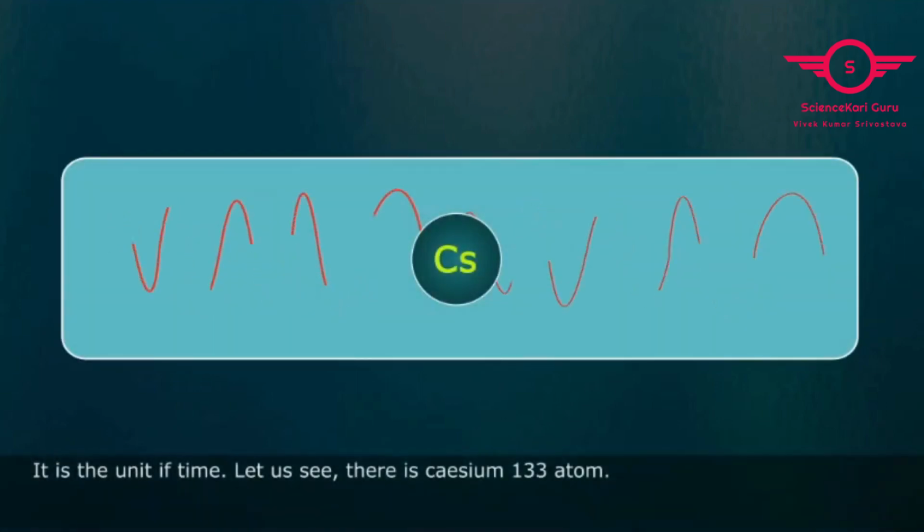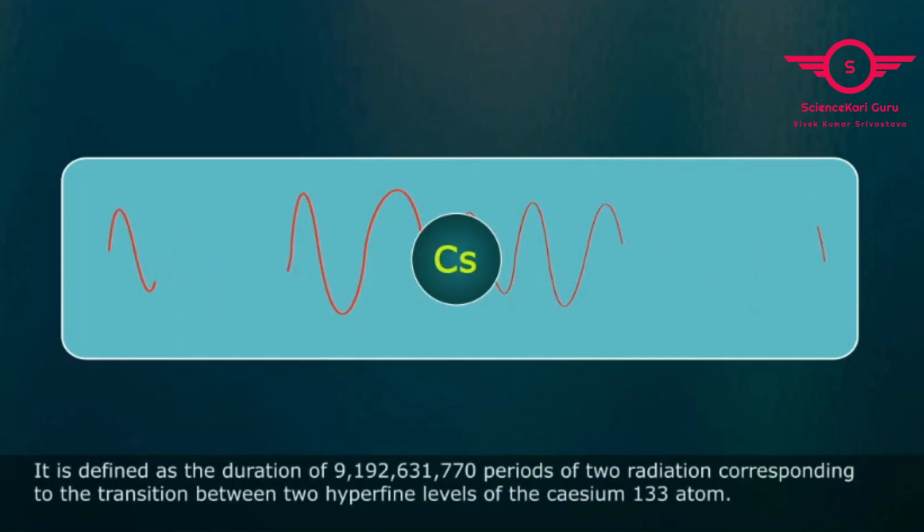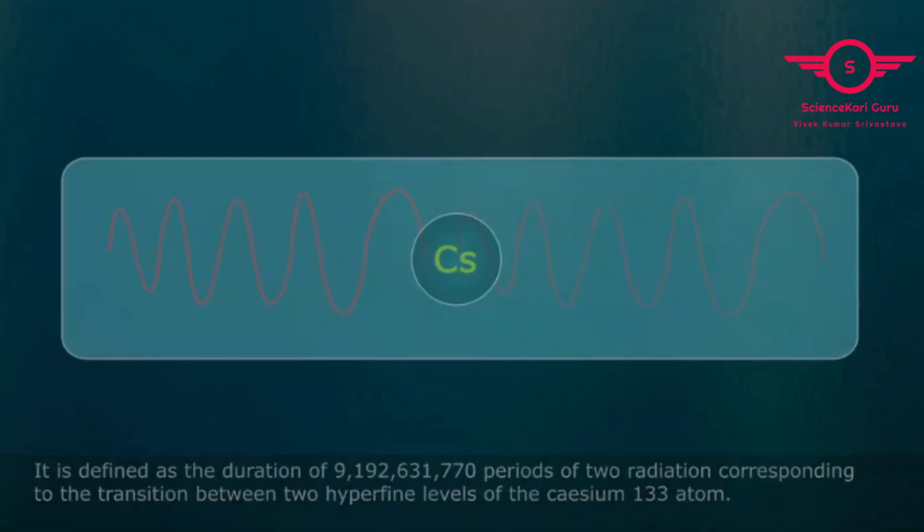Second, s. It is a unit of time. Let us see the cesium-133 atom. It is defined as the duration of 9,192,631,770 periods of the radiation corresponding to the transition between two hyperfine levels of the cesium-133 atom.